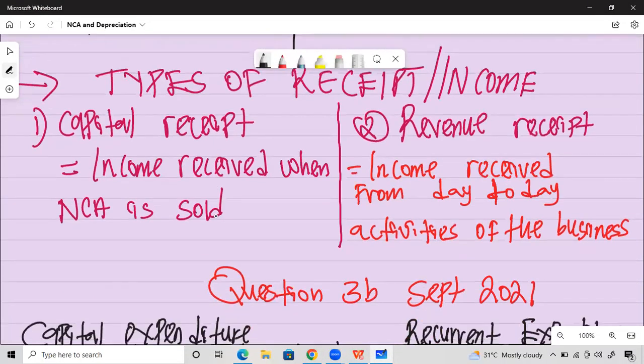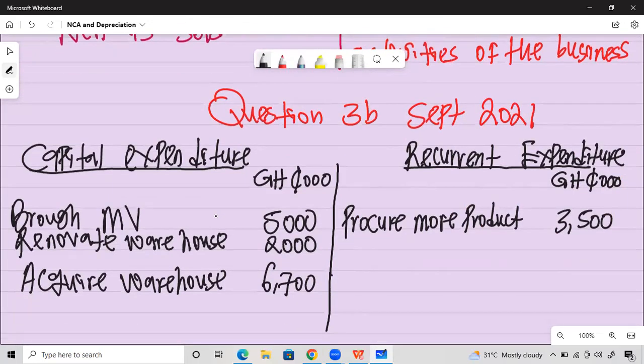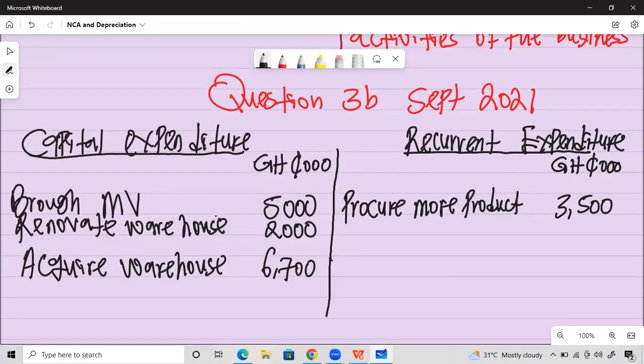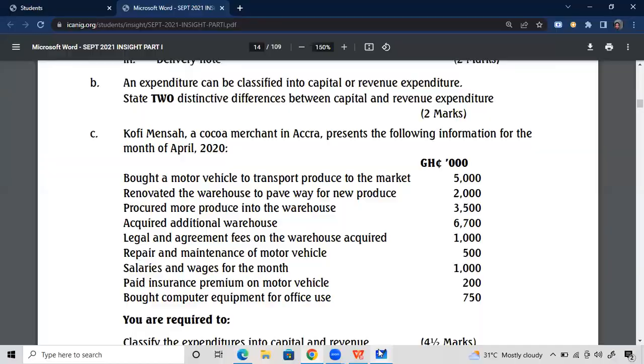Any professional fees, you are going to capitalize it. Of what amount? 1,000 naira.